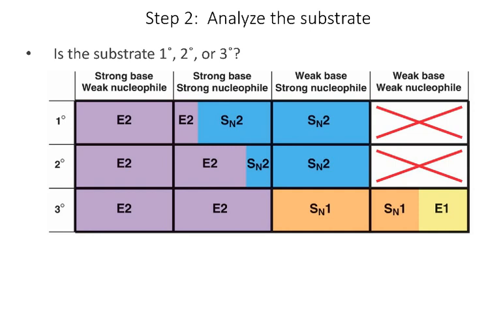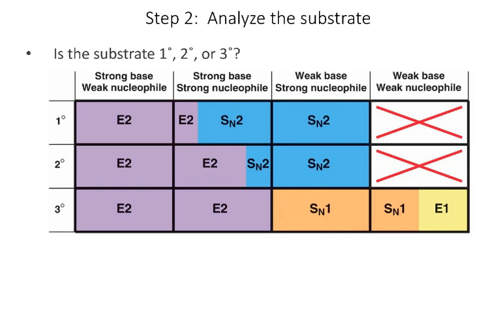And so for both secondary and primary substrates with a weak base and a strong nucleophile, we see the SN2 mechanism. When we have a tertiary alkyl halide, we see the SN1 mechanism, because now the SN2 process is too slow, and that tertiary alkyl halide will give us a tertiary carbocation intermediate, which will be particularly stable, favoring the SN1 mechanism.